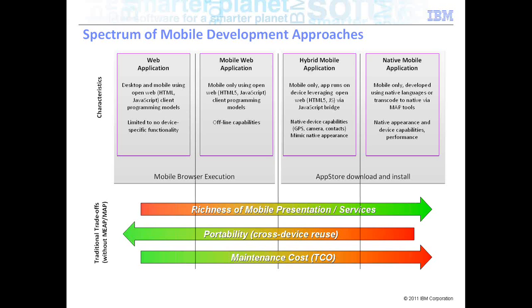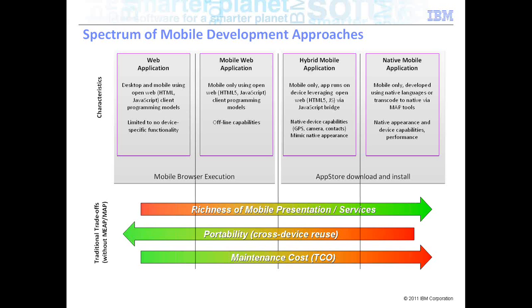Then we have basically a hybrid mobile app which is specifically targeted for the handheld devices themselves. These are developed using a combination of 2 technologies, where native device capabilities like GPS, camera, and contacts can be accessed from the device itself, but the UI is still developed in HTML and JavaScript.